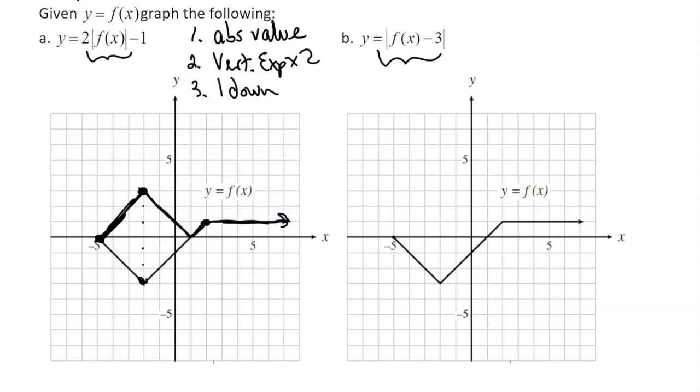So that's our first transformation. Then we need to vertically expand it by a factor of 2. And then finally, they want us to move it down 1 unit. So here we go down 1 unit, down 1 unit.